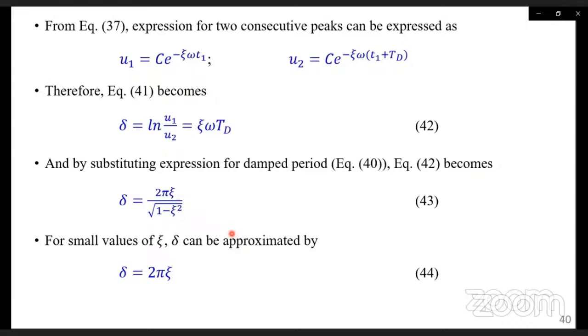So you need an expression relating one to another so that you can see, based on what I'm given, which is the most suited equation to estimate the quantity to be determined, whether it's a logarithmic decrement, a damping ratio, a critical damping coefficient, and so on and so forth.